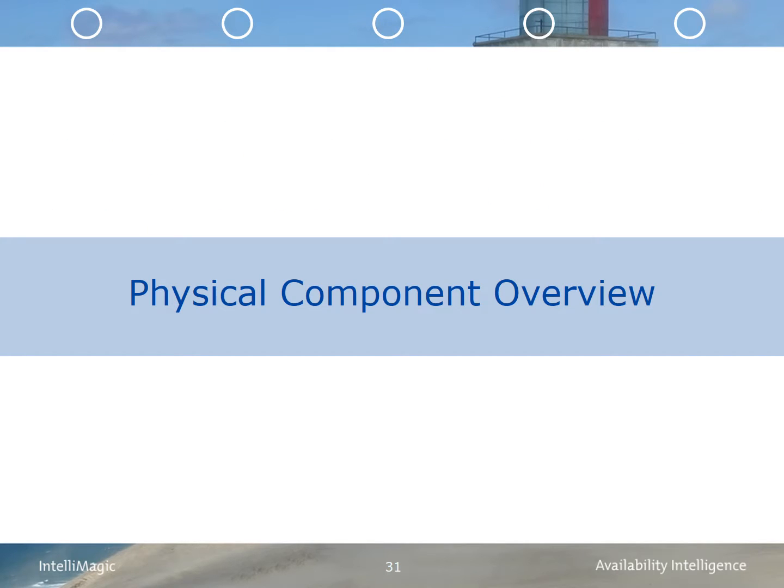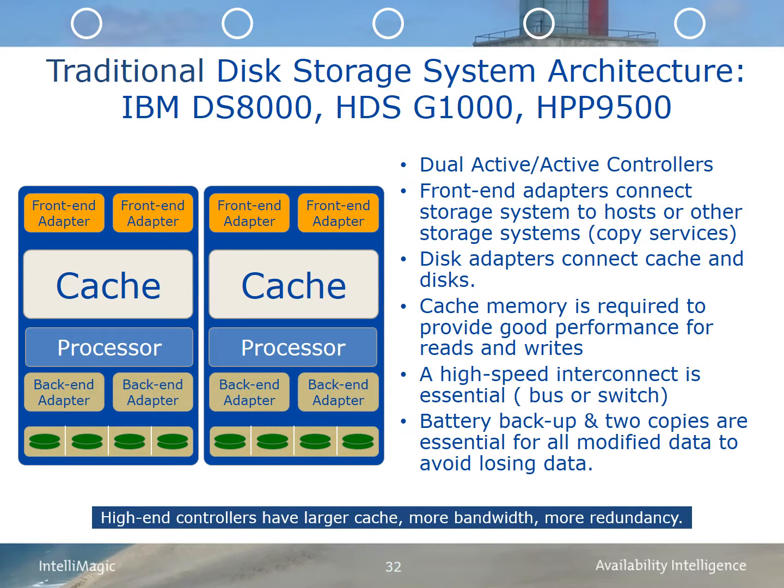In this section, we switch our focus from the RAID technology to the physical components within a storage controller. In this slide, we're going to look at the traditional disk storage system architecture, and those would be for controllers like the IBM DS8000 or the HDS G1000 or the rebranded HP P9500. Both feature dual active controllers and front-end adapters that connect to other storage systems for copy services or to hosts.